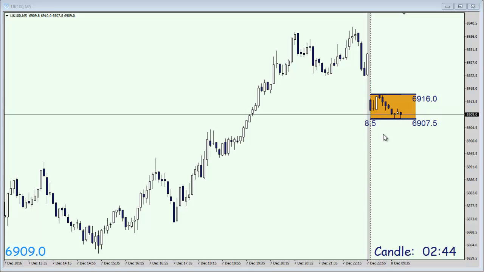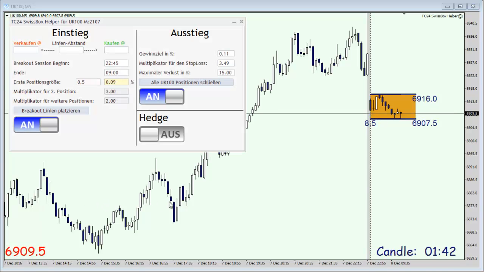But I want to show you how to work with a SwissBox helper, so I'm going to place a trade anyway. Here's the SwissBox helper, and again the box is a very narrow range, but because it looks good, I'm going to place a trade.